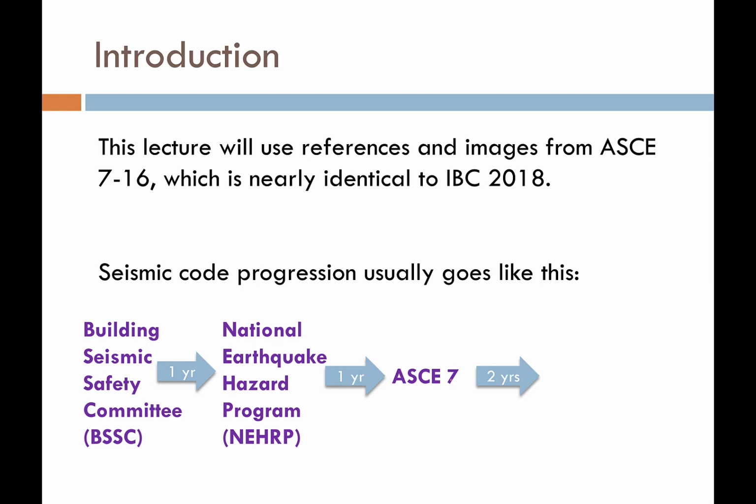And then ASCE 7-22 is going to stick around for 2 years and get feedback and get tested and tried, until finally it will land into the International Building Code, or IBC. And this is the code that kind of rules them all. This is the code that engineers will predominantly use to design commercial, large residential, and industrial buildings of that nature.